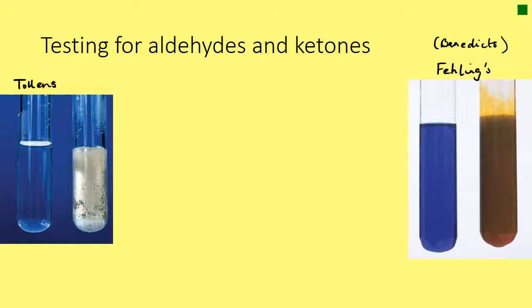We make Tollens' reagent by mixing aqueous ammonia with silver nitrate, and so you get a silver ammonia complex. It's a diamine, and the important thing is that you've got silver 1+ ions floating around. Why don't we just do the reaction?